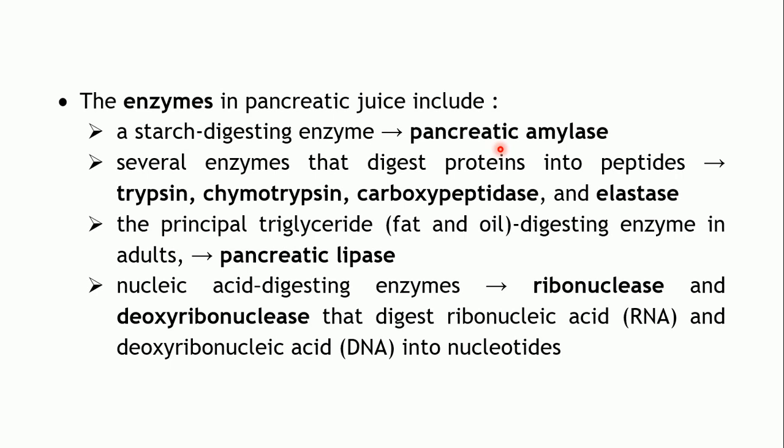There was a salivary amylase also, right, which was produced by the salivary glands. So similarly, there is a pancreatic amylase, which is a starch digesting enzyme. There are a number of protein digesting enzymes which will digest the proteins into peptides. There are 4 main protein digesting enzymes, that is trypsin, chymotrypsin, carboxypeptidase and elastase.